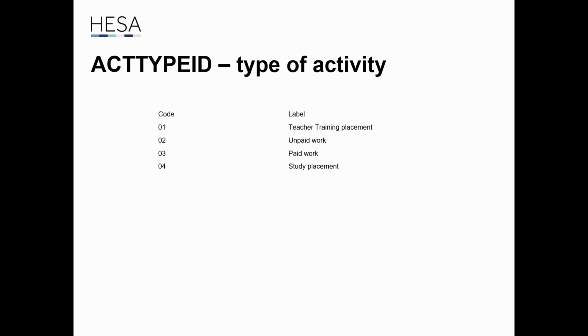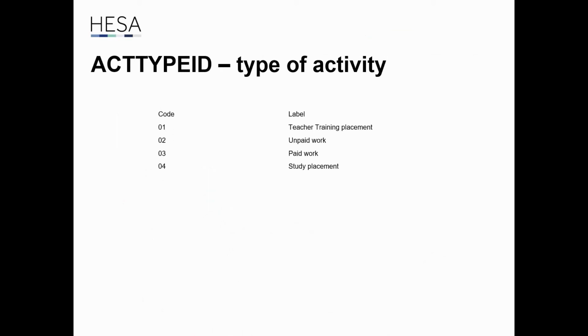Act type ID. So the type of activity: we've got 4 codes that can be returned here. You've got teacher training placements, unpaid work, paid work, and study placements. You can see quite a key difference here is that we've split the work placements to have unpaid and paid as well, which is quite interesting, because I think one of the difficulties before is that when you had volunteering, you could be volunteering but still be paid, or you could be an unpaid volunteer.